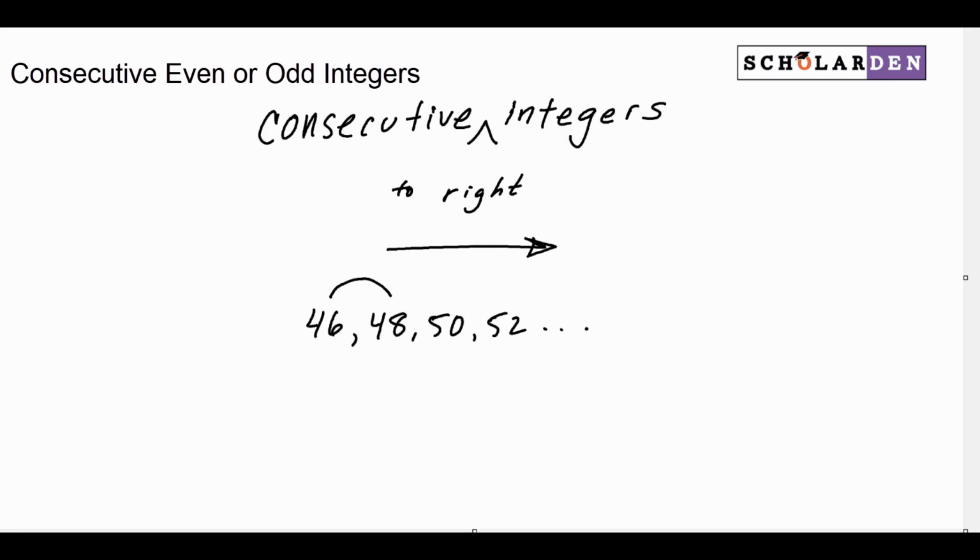Notice again I'm counting by twos for even integers. And for both even or odd, you could also be in the negatives. So I could start at a negative odd number of 11, say, and these would now be my consecutive odd integers. Or I could start at negative 20, and these would be my consecutive even integers.